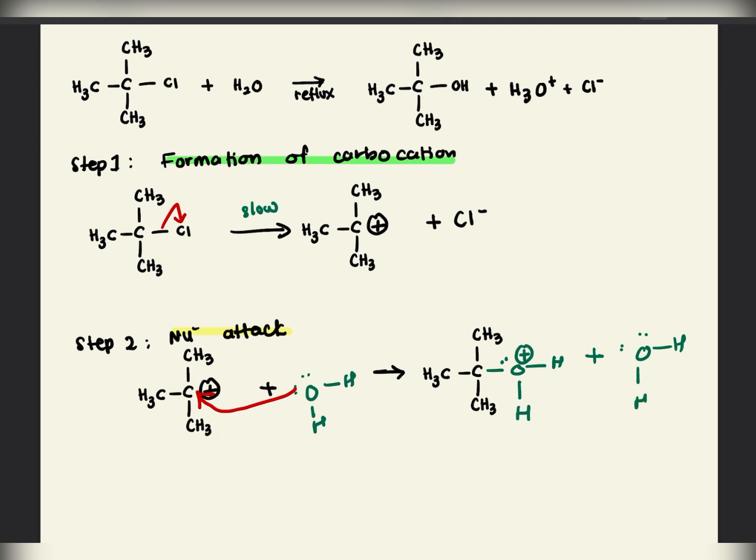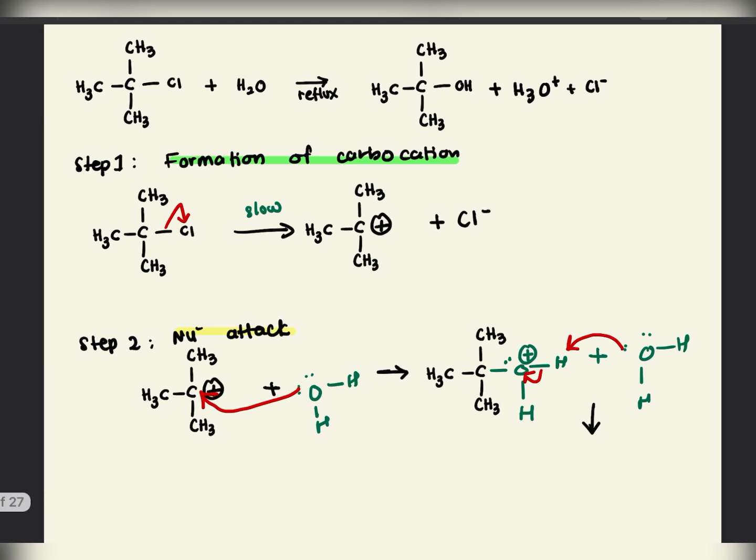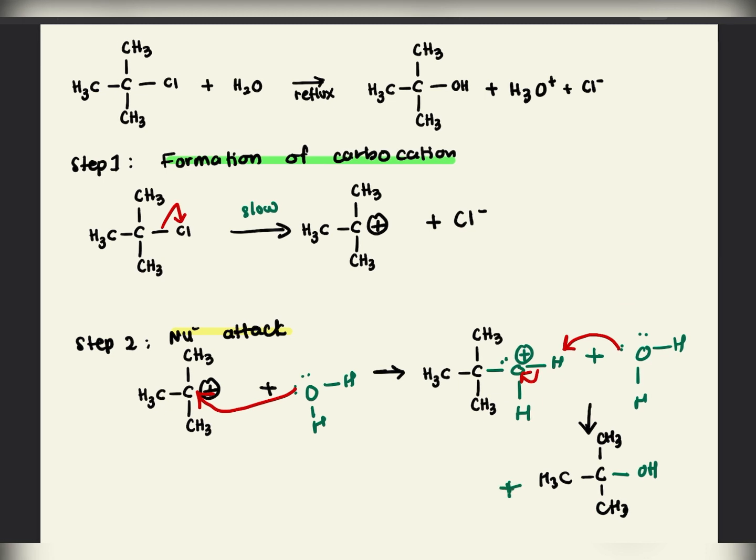So tulis semula H2O, and then by using lone pair attack hydrogen, bond akan bagi semula kepada oksigen sebagai lone pair. So kamu akan form your alcohol here. So oksigen sekarang dah stable. So tulis the structure of carbon chain, and then tulis carbon bond to OH. Okay, and your side product will be H3O plus and Cl minus ion.